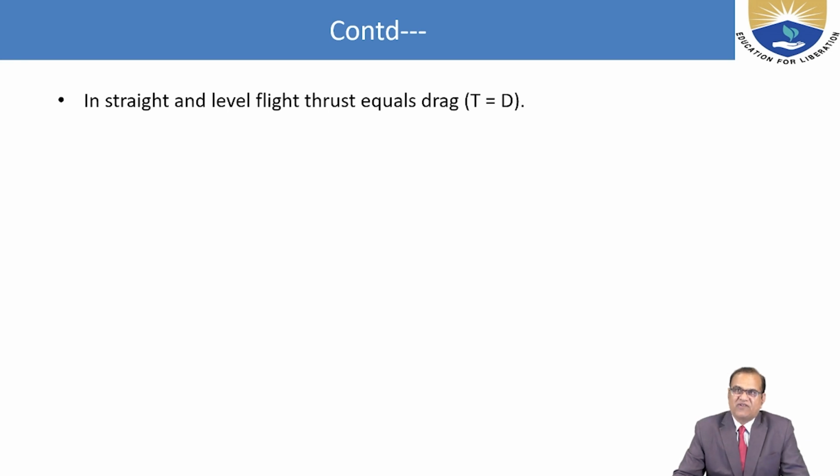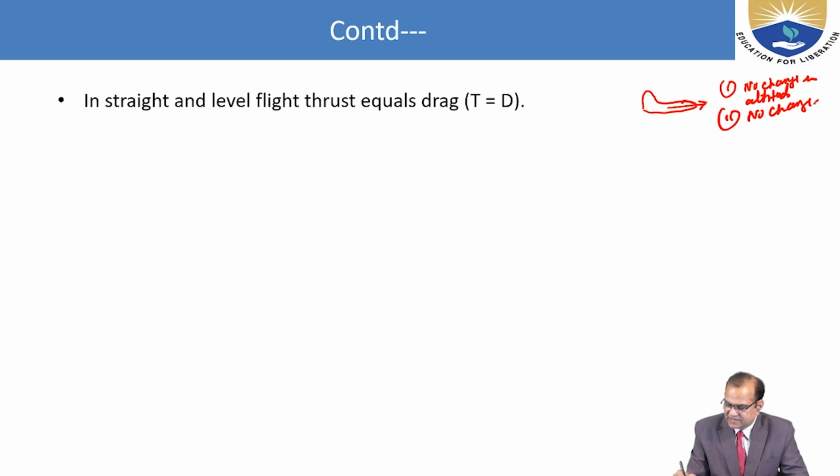In straight and level flight, thrust equals drag. What is straight and level flight? If the aircraft is flying in such a way that there is no change in altitude, no change in acceleration, and third, no change in bank angle, meaning no bank angle.